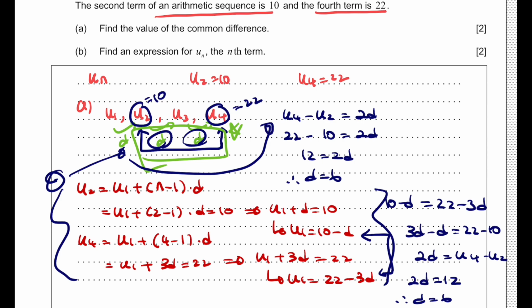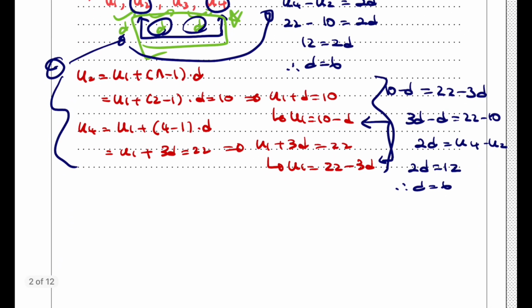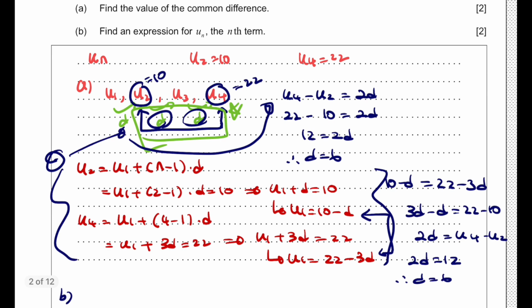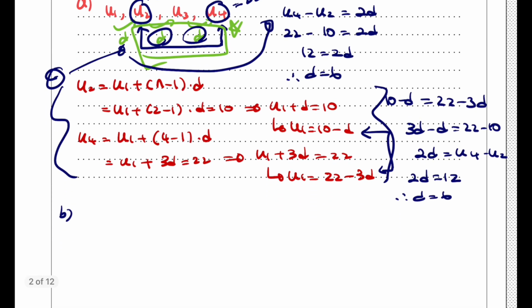Okay, then question B, we need to find an expression for Un, the nth term. So we have to identify the expression for Un equals U1 plus n minus 1 times D using all the information that I mentioned before.